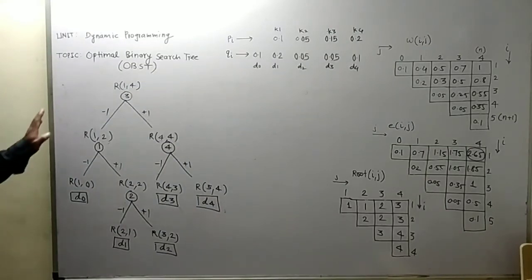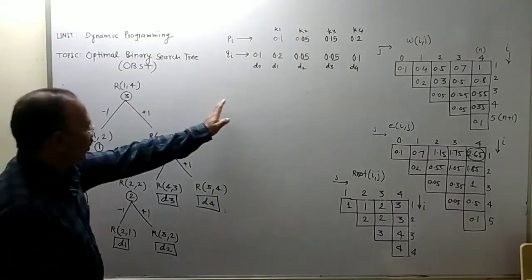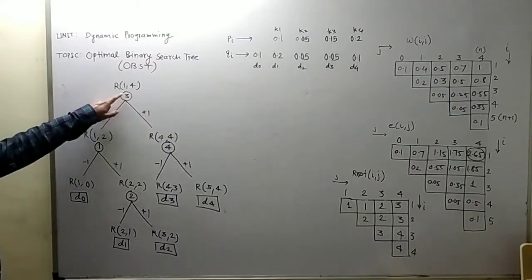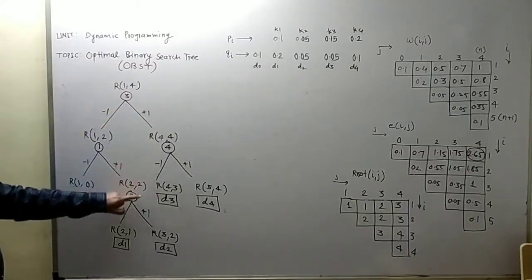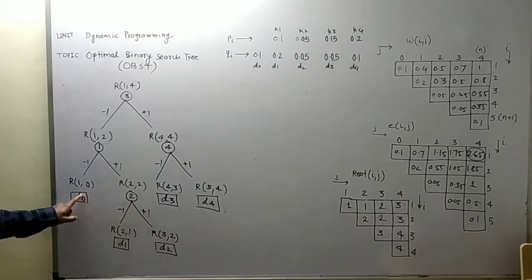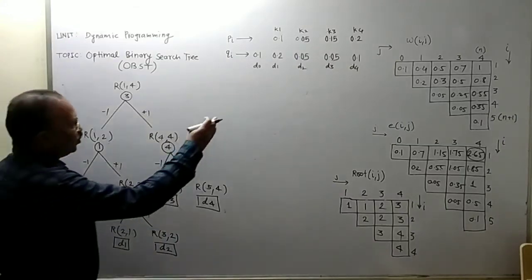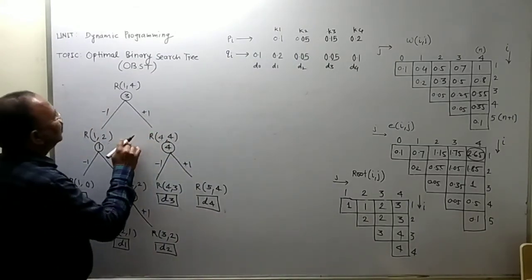Now from this tree we get the final OBST. Circles represent actual keys and rectangles represent dummy keys. Now try to draw the final OBST.